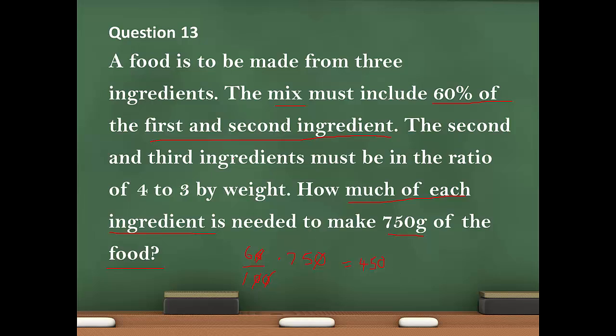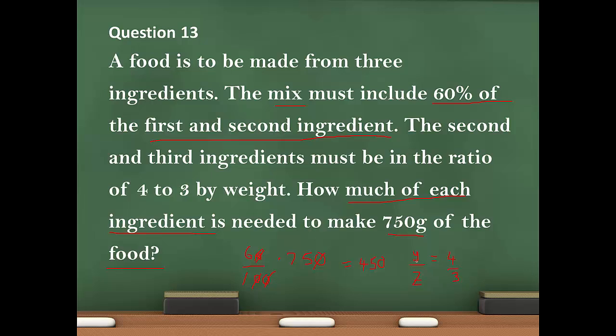Then the second and third ingredients must be in the ratio of 4:3. So second ingredient we say is y over, when you talk of ratio, it's like a fraction. Second and third ingredients, y over z, must be in the ratio of 4:3, 4 over 3.